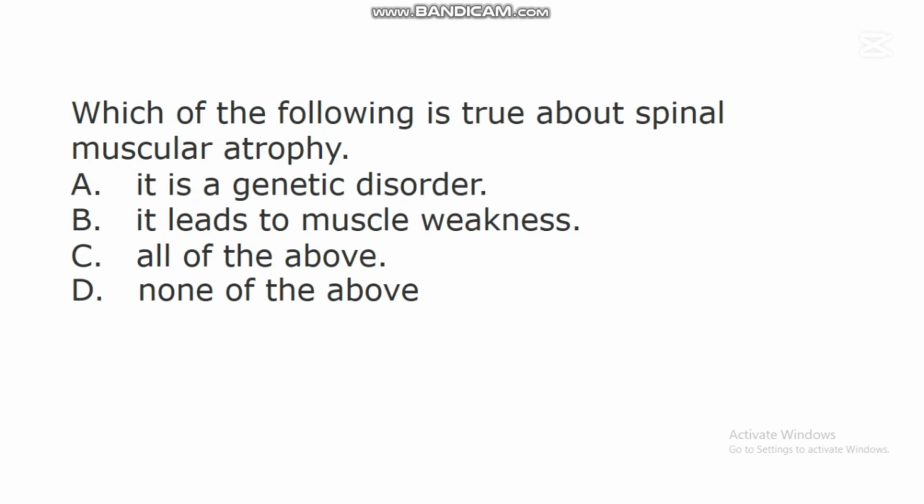In this question, the correct answer is C. All of the above. There is another spinal cord disorder called spinal muscular atrophy. Studies have shown that this problem is a genetic disorder and it leads to muscle weakness. All these things are facts about this problem called spinal muscular atrophy.